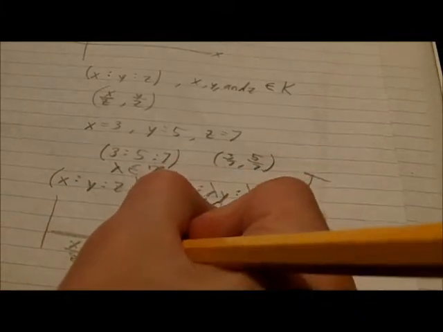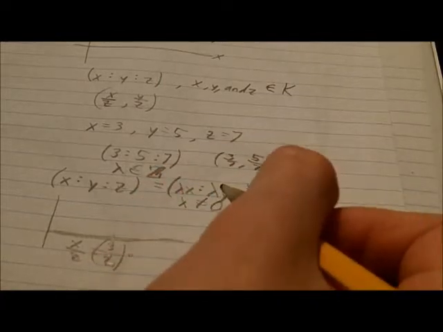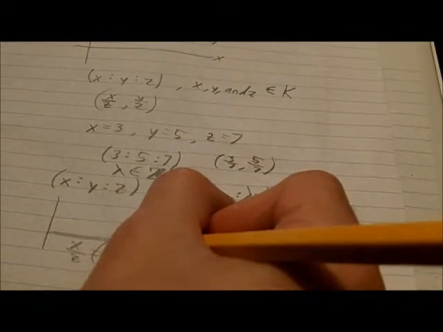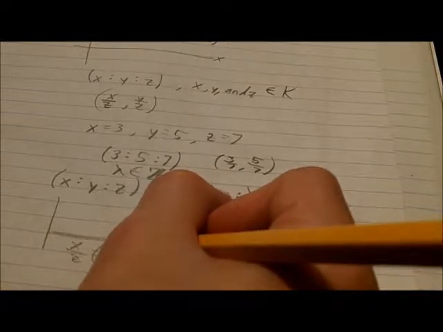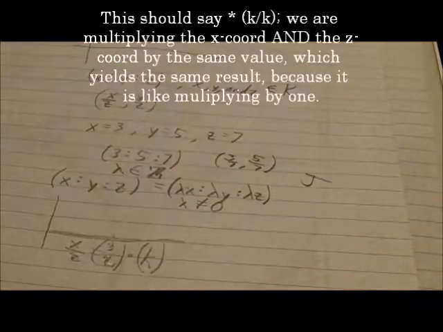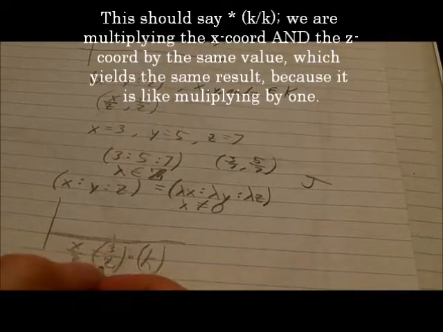So from here we can say that if we multiply this ratio by some scale factor, or some scalar constant, really it could be any k or any lambda, we will get some multiple of 3/2, right?